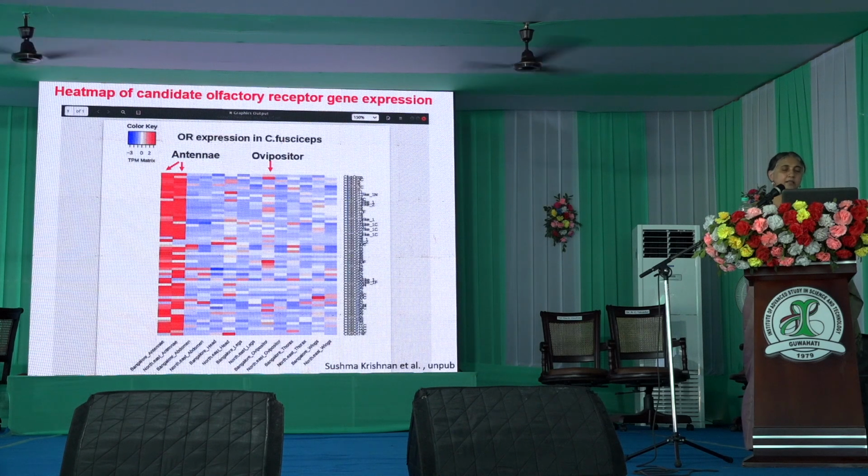Very interestingly, we find that there is a lot of expression also in the ovipositor of the fig wasp, and I will come to that a little later. Just remember that the fig wasp egg-laying organ also expresses olfactory receptor genes.